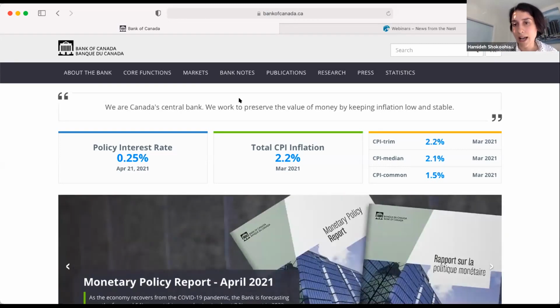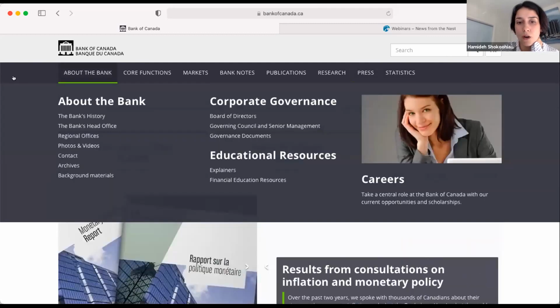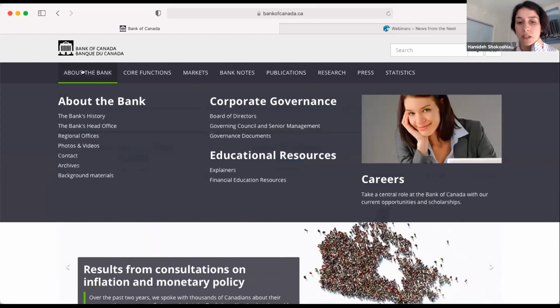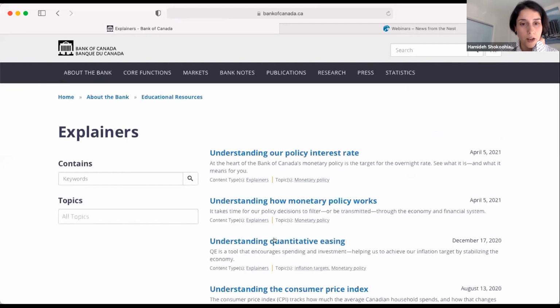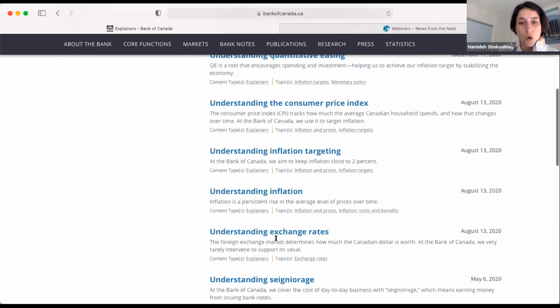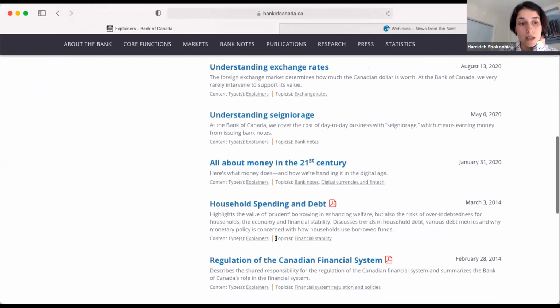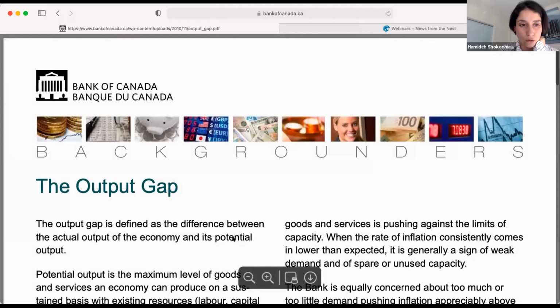Then I give them the direction to open the explainers section of the website, and then I ask them to open the document related to the output gap.